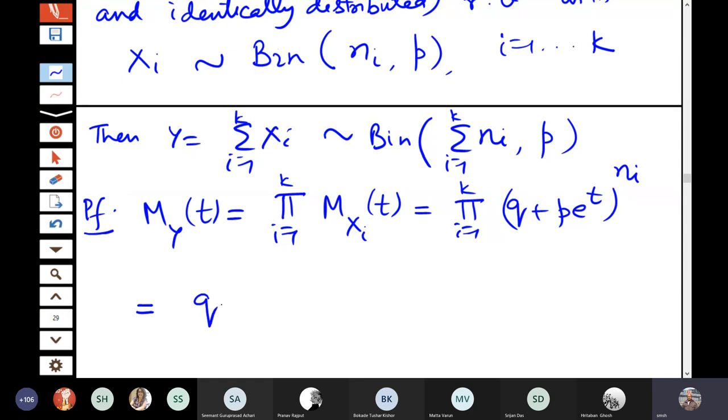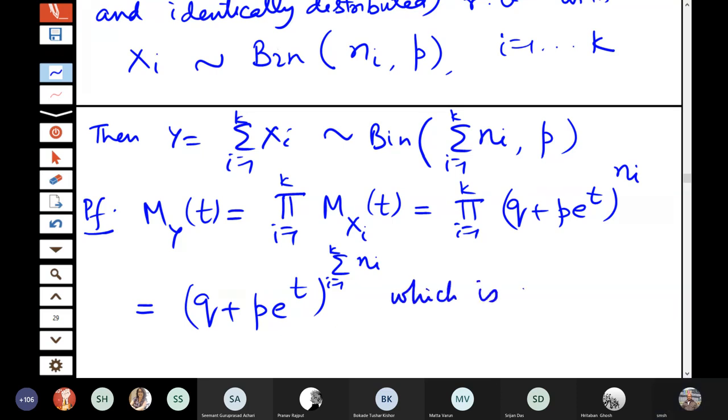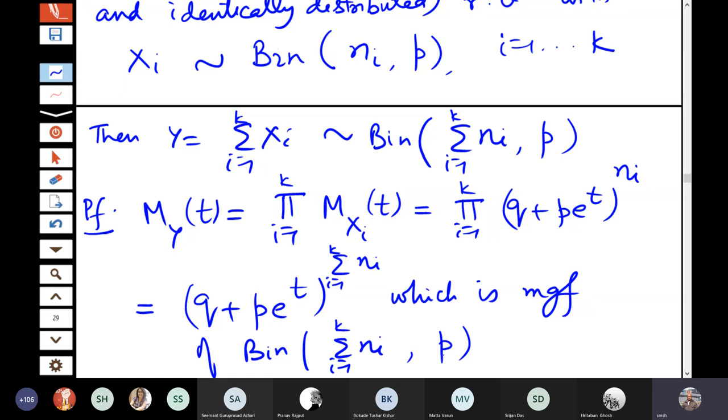So this becomes (q plus p e to the power t) to the power sigma ni, i equal to 1 to k, which is nothing but the MGF of a binomial distribution with parameters sigma ni and p. So the binomial distribution is additive in nature provided the probability p is constant.